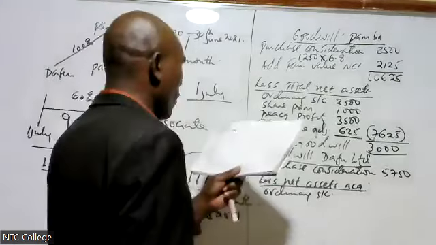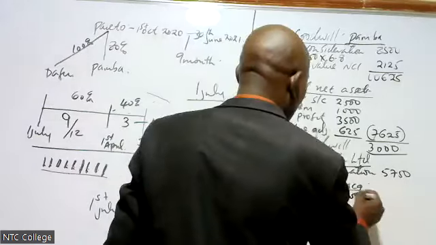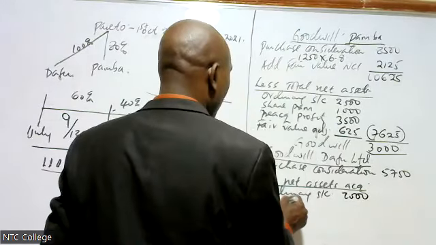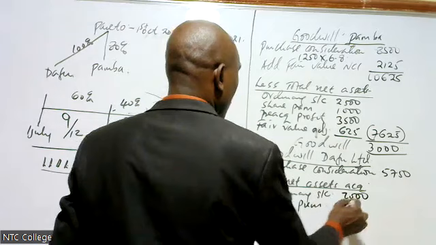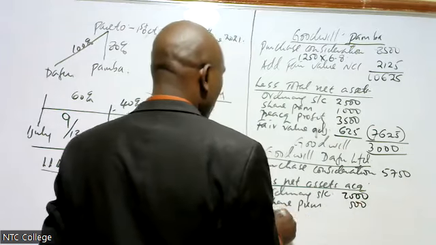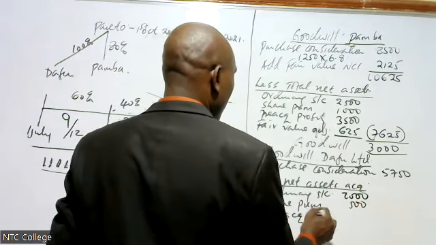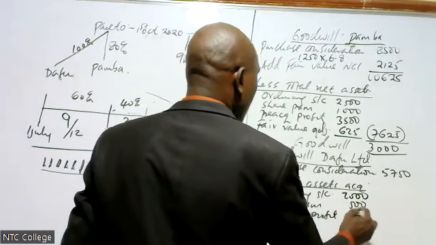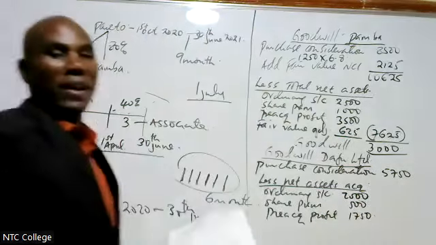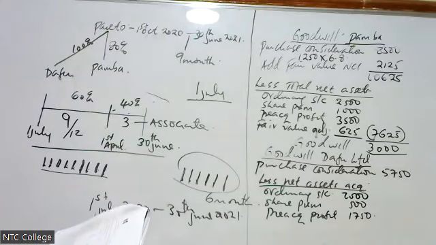Therefore, ordinary share capital from the balance sheet, 2,000. Share premium, 500. Pre-acquisition profit, 1750. There is no fair value adjustment in that company.